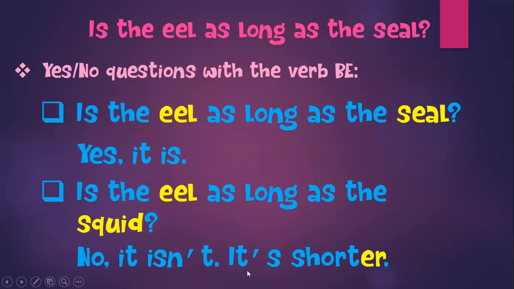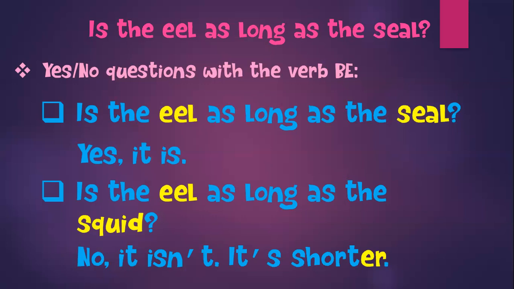Miss, why does it say it's shorter? Well, because we can say that the eel is shorter. If you see your student book on page 15, activity letter C, you will see all the sea creatures and you will know the length of each one.